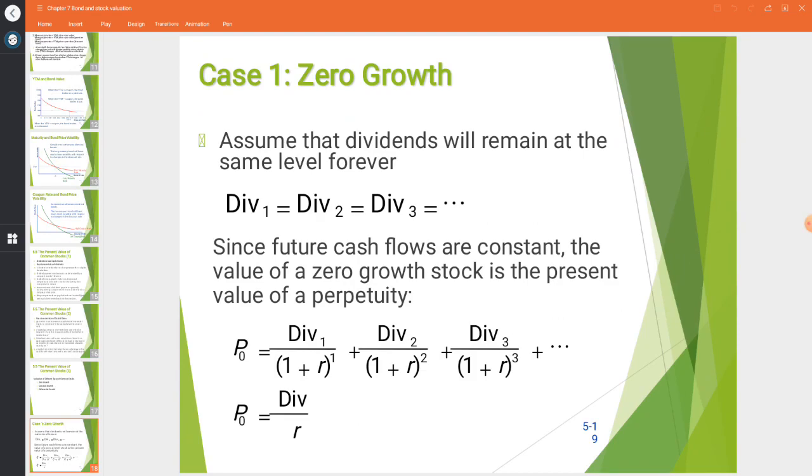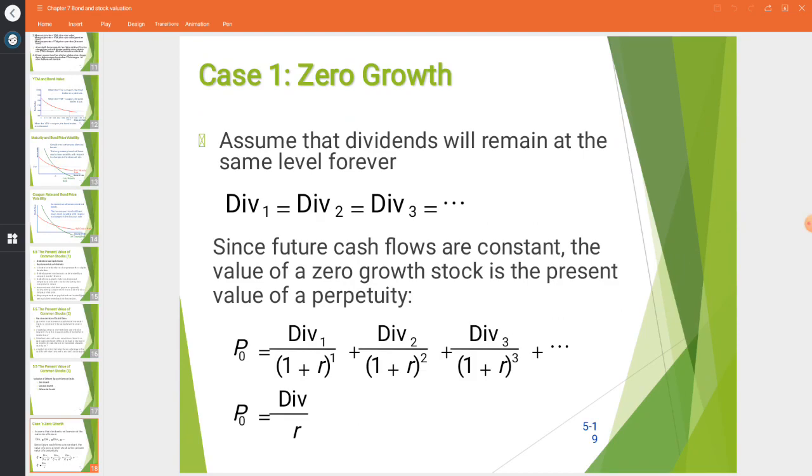Such dividends can be considered a certain type of perpetuity cash flow. So if you are interested in determining the PV of zero growth stocks, we could deal with it as determining the PV of a perpetuity.